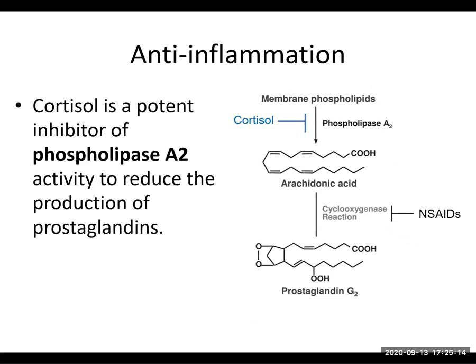So this is a pathway to produce the chemicals called prostaglandin. And prostaglandin is a very important mediator to induce inflammation. So basically when the person has inflammation, the prostaglandin will increase, and the consequence has so many effects. One of the effects is to increase vasodilation and to allow more immune cells to come here to induce the immune response.